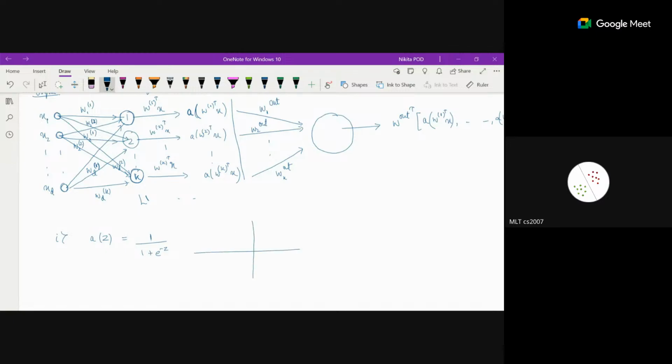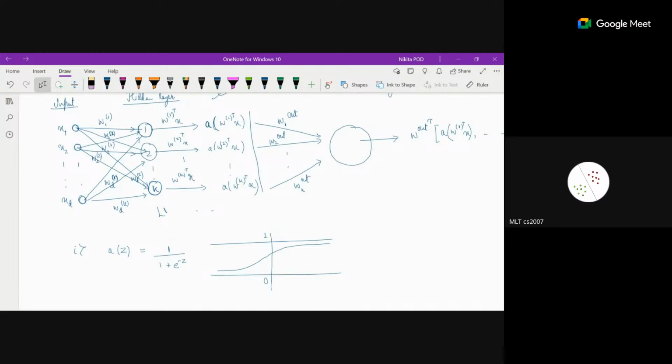If we plot this sigmoid function, it lies between 0 and 1 and looks something like an S. Yeah, something like this. So this was your sigmoid function, and this function is used quite vastly for bringing non-linearity in the features.